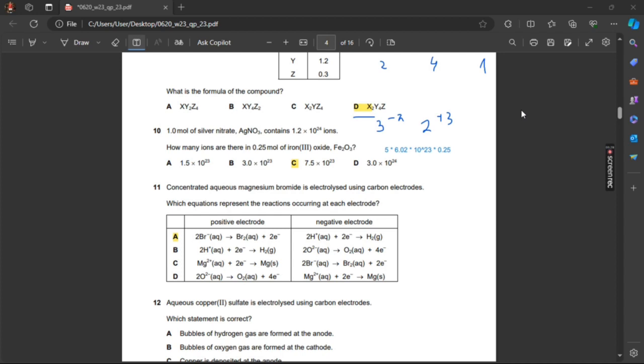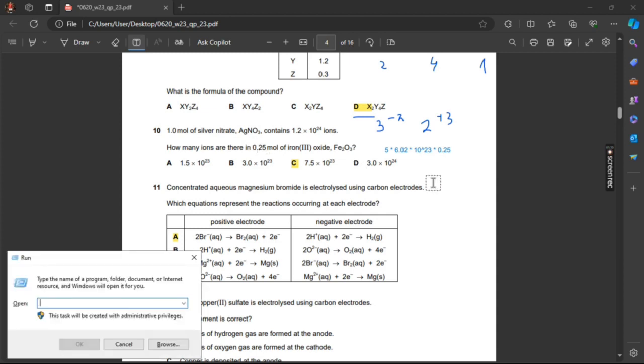To find the number of ions, we should find all the ions of the compound. Iron 3 oxide has 3 O 2 minus ions and 2 Fe 3 plus ions, so it has 5 ions. If we add 2, 3 and 2, we will get 5, and we should multiply 5 by Avogadro's constant, and at the end we should multiply it by the mole of compound.